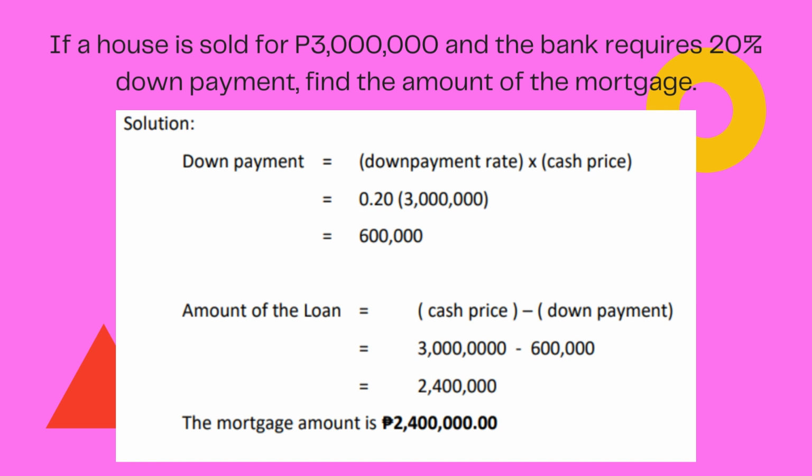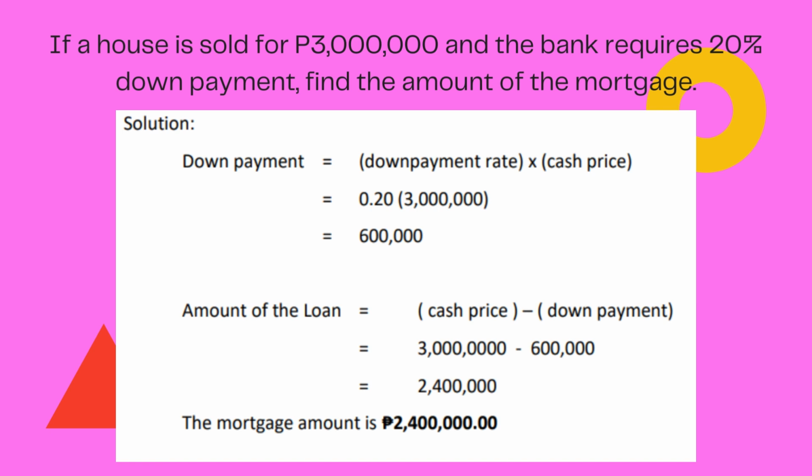So we simply multiply 3 million with 20%. So we convert 20% into decimal form, which is 0.20, times the cash price of 3 million. So we have there 600,000. So 600,000 is our amount for the down payment.